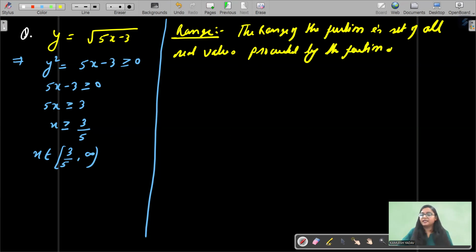It means that for any function, all the values produced by the given function are called the range.